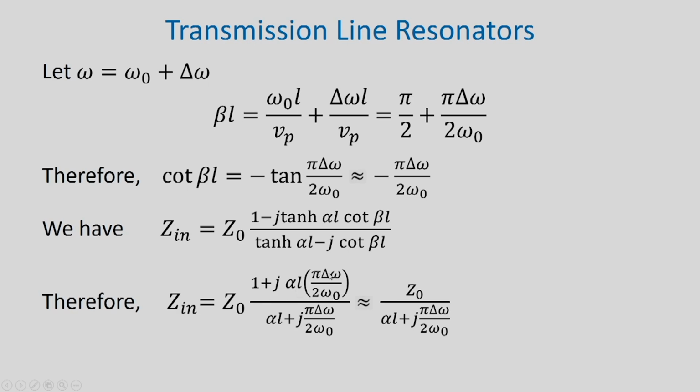So, this term can be neglected in comparison with 1, and Z in finally can be approximated as Z naught divided by alpha L plus j pi by 2 delta omega by omega naught.